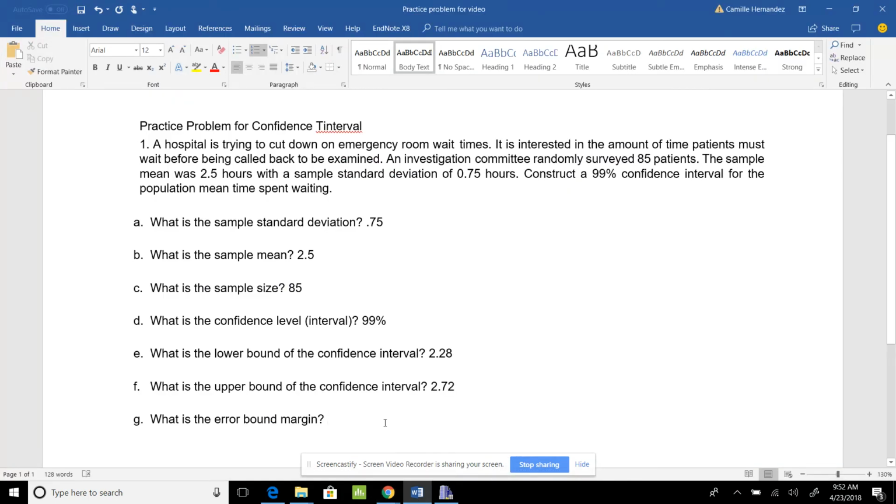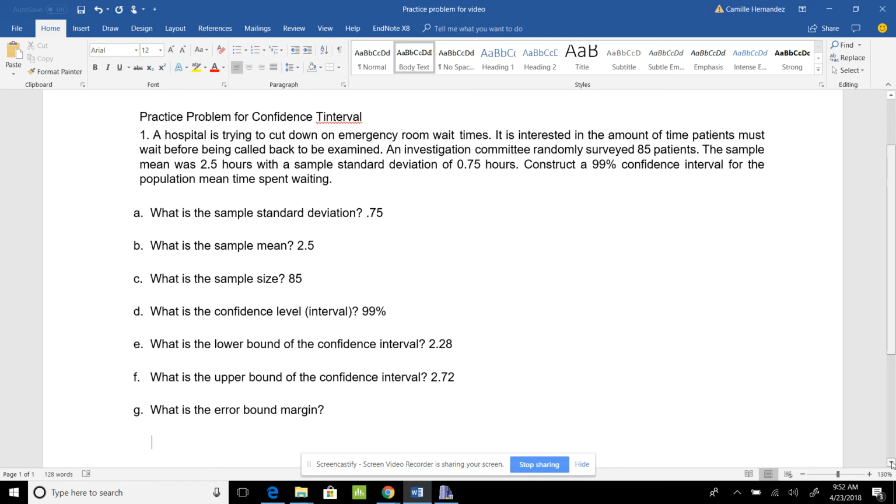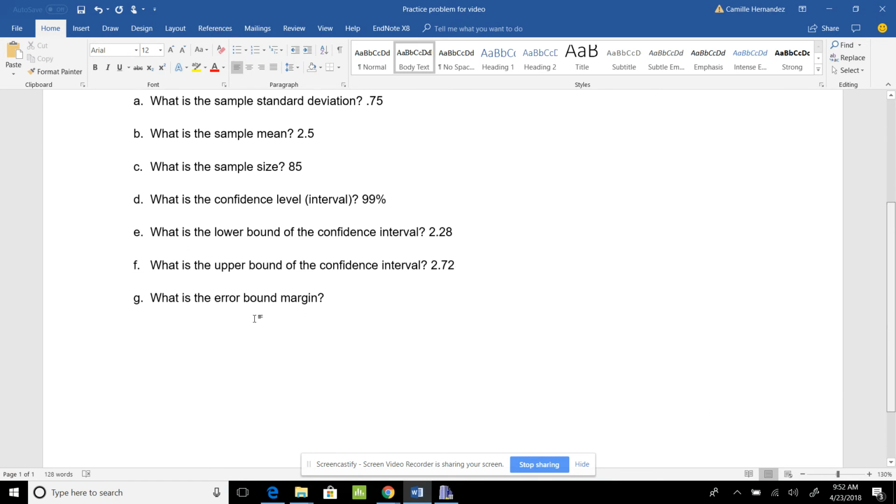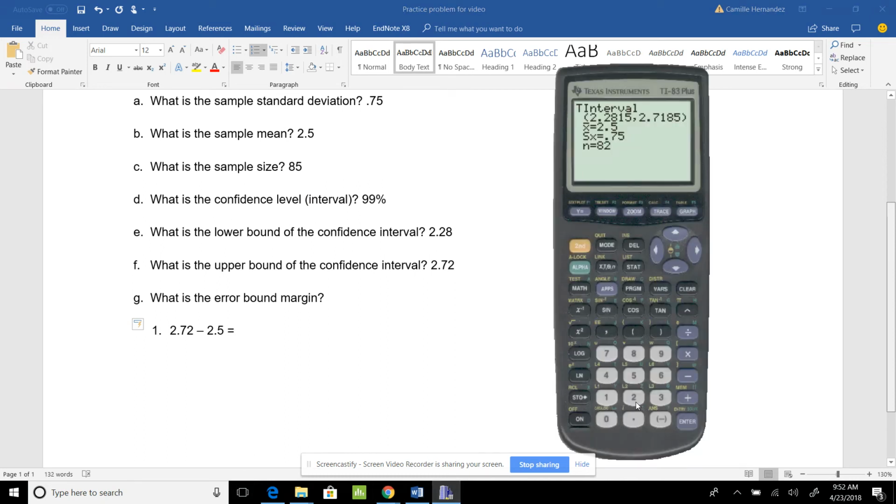Okay, error bound margin. There's two ways to solve this. Let's do the first way. I'm going to do my upper bound, which is 2.72, minus my sample mean, which is 2.5. This is where you'll need the calculator. 2.72 minus 2.5 gives me 0.22.